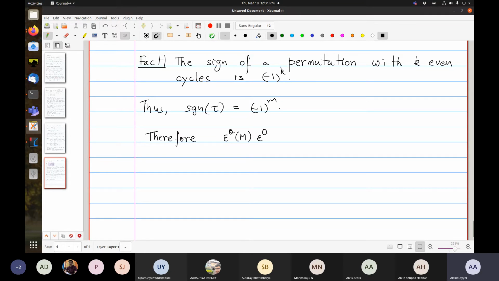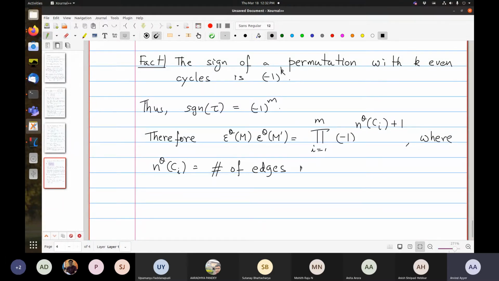Epsilon O of M times epsilon O of M prime is the product over i going from 1 to n, because I'm looking at the combined sign of these two by superimposing them and looking at the symmetric difference, of precisely (-1)^(NO of Ci plus 1), where NO of Ci is the number of edges of Ci, remember Ci is the cycle i and there are m of them, differing from O when Ci is traversed along a certain direction.